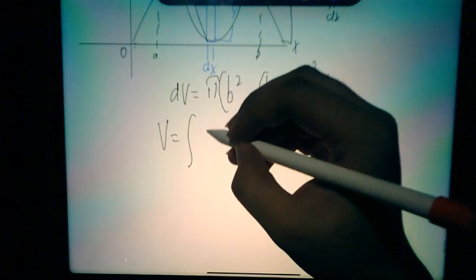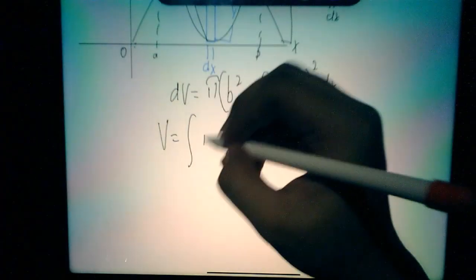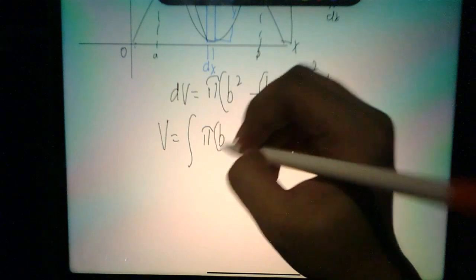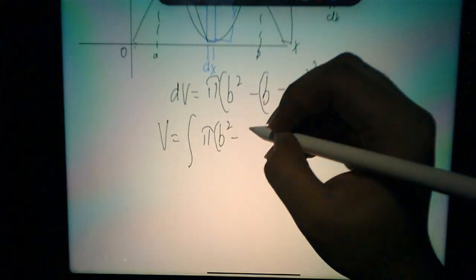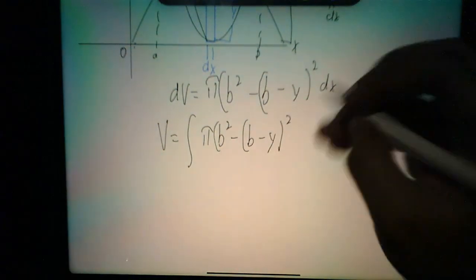So the integral of that is just equal to the integral of pi times B squared minus Y squared dx.